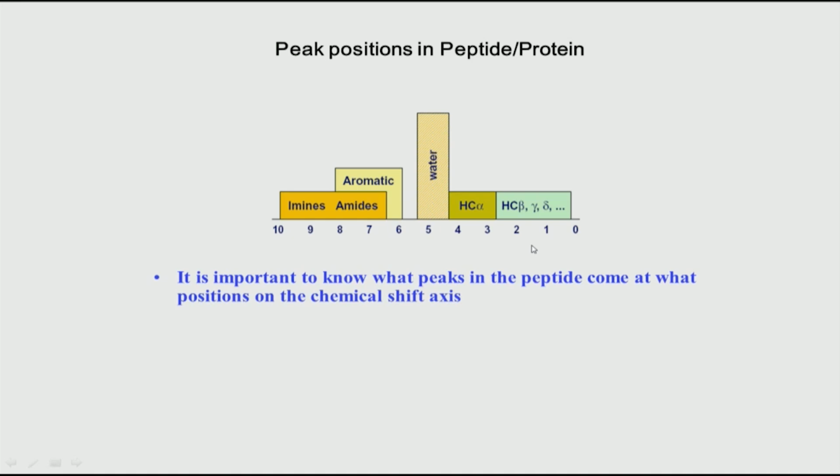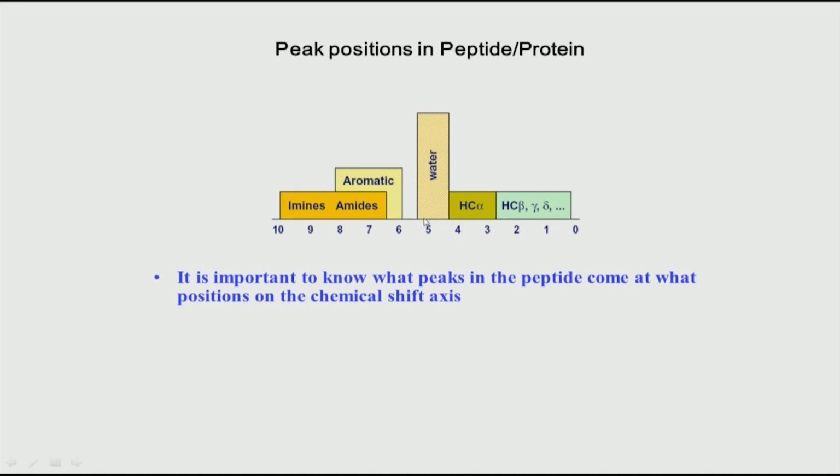It may happen that for an unnatural amino acid or some special amino acid, it may deviate from these zones or demarcations, but by and large for all peptides you expect to get peaks for different functional groups in these zones marked here. Between 3 and 5 ppm you typically get peaks for the H alpha of all amino acids, and then comes the water.